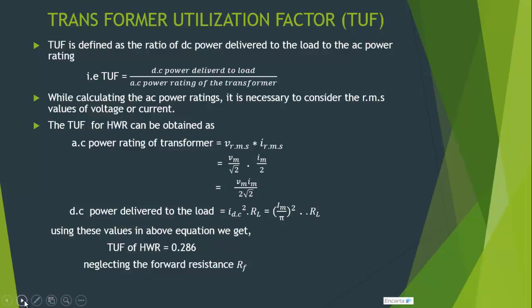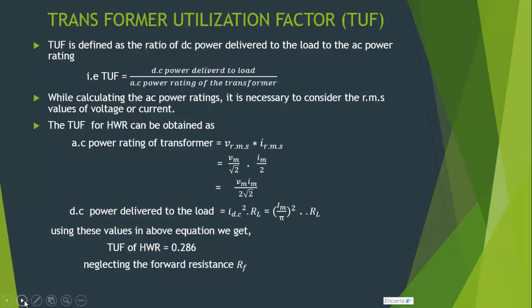So DC power delivered to the load is equal to I DC square into RL, that is instead of I DC we can write Im by pi, that means Im by pi whole square into RL. Now as you know the transformer utilization factor is DC power delivered to the load to AC power rating of the transformer.